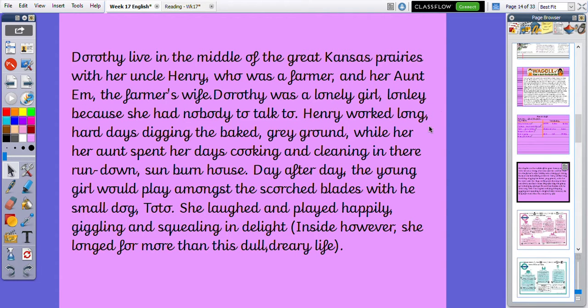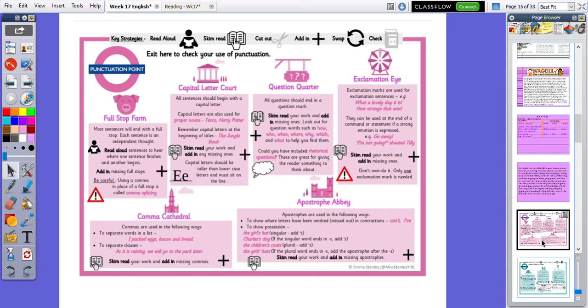I've got my comma for my expanded noun phrases, and again there, and there for a subordinate clause. I've got one here for an expanded noun phrase. I've got a comma here for my fronted adverbial. I've got a comma here in the correct place for commas for parenthesis, and here to split my clauses. So my commas are fine. So that is me done with punctuation point.